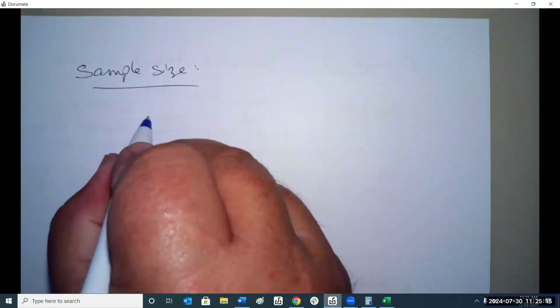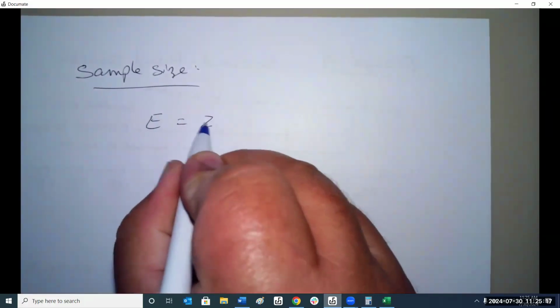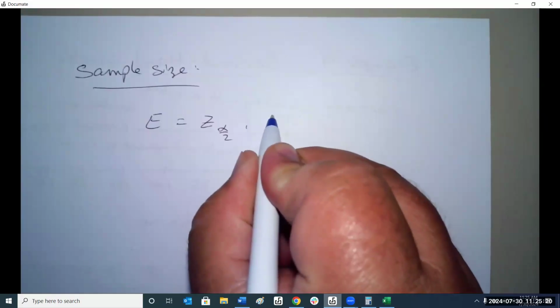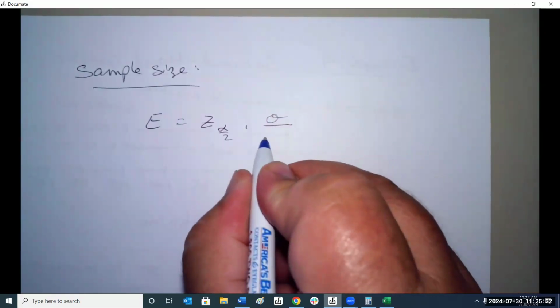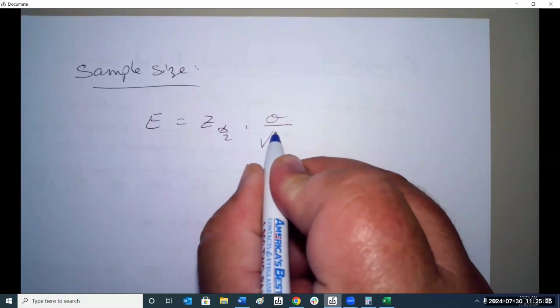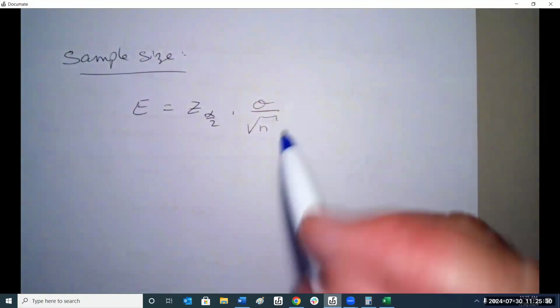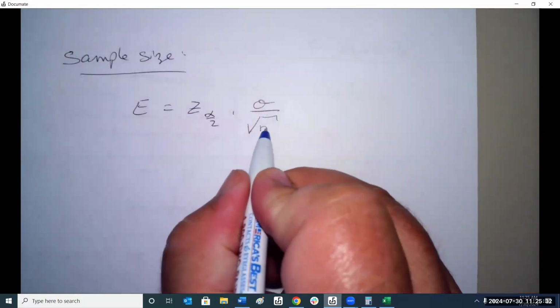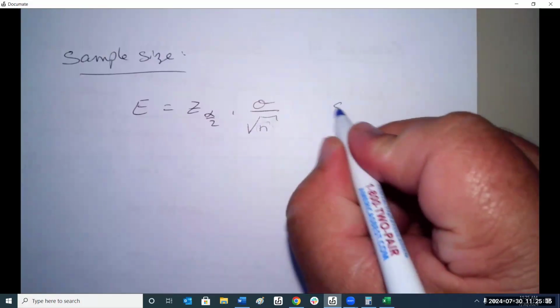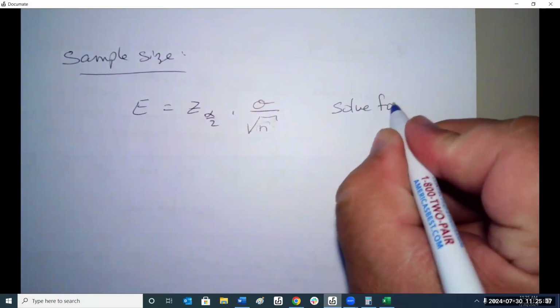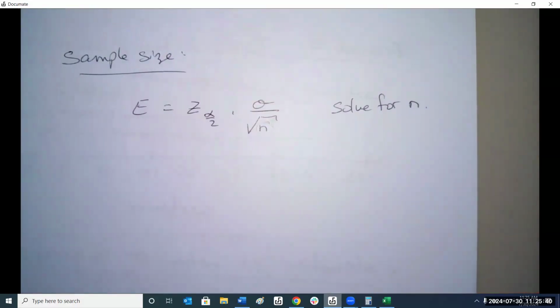So the sample size formula. We start off with the E, and what we want to do is solve for N. First thing, get rid of any fractions.